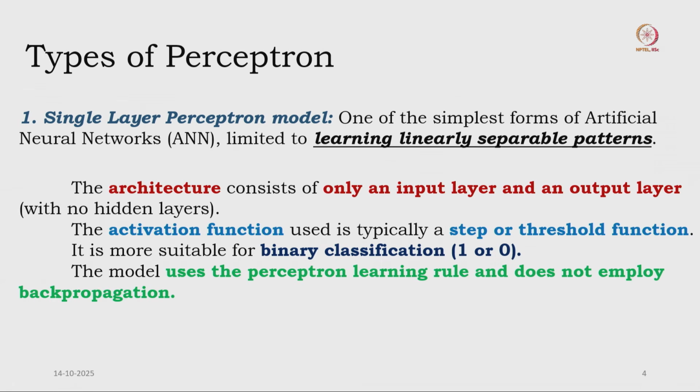And as we have seen in the previous session also, the activation function typically used is either a step or a threshold activation function. The single layer perceptron is mainly suitable for binary classification, where the classes are either yes or no, 0 or 1, true or false. And the perceptron learning rule does not use a backpropagation concept.